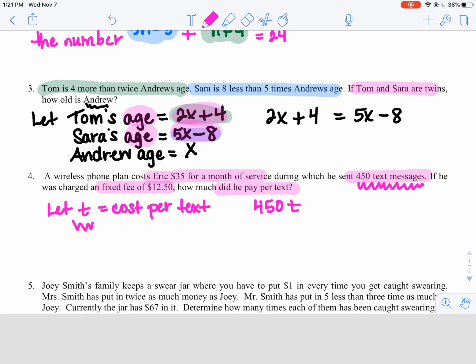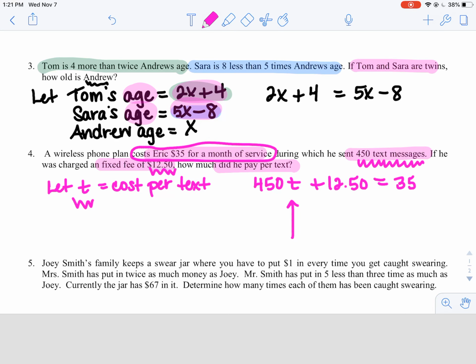Now, he also has a fixed fee of $12.50. What that means is no matter how many texts he sends, he spends $12.50 just to have the service. And his cost for the month is going to equal $35. And you can solve this equation to find T, the cost per text.